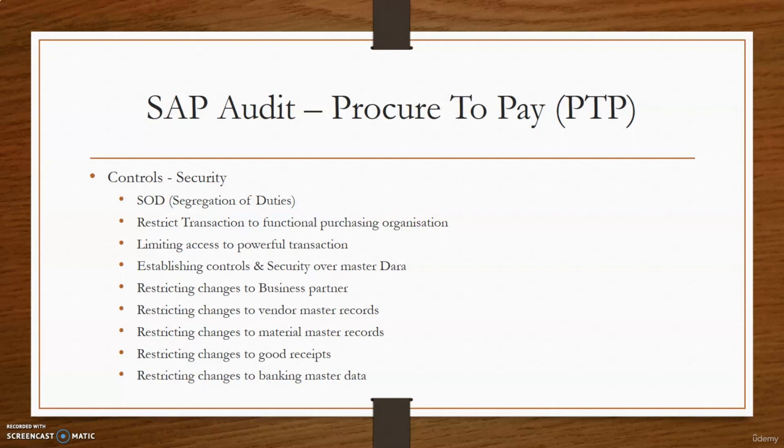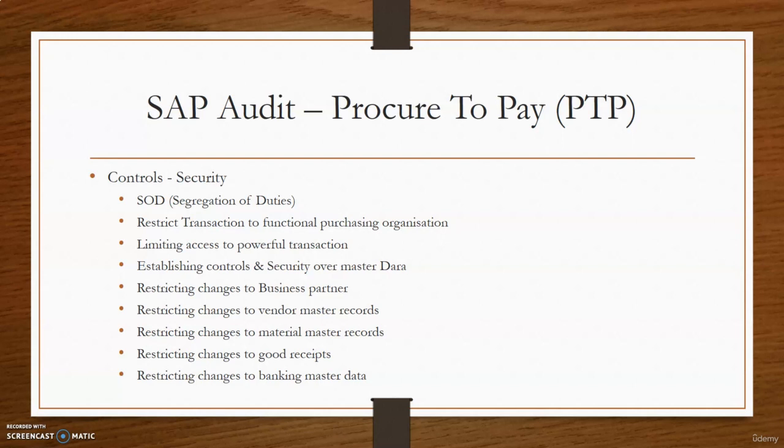Next is restrict changes to banking master data. The ability to change the banking data should also be tightly restricted, as bank account information can be highly susceptible to fraud. SAP provides a variety of mechanisms to restrict the banking master data.